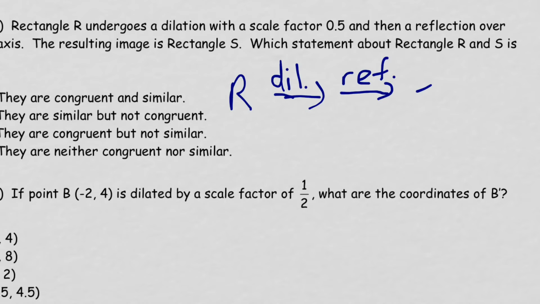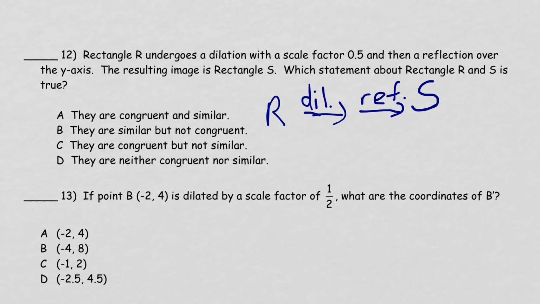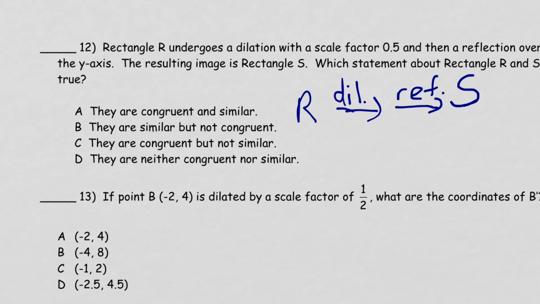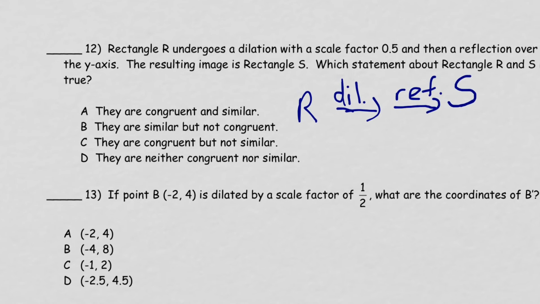So let me think of a few things I know. I know the size is going to be different if it's dilated, and I know the orientation won't be the same if it's reflected. And then we will have rectangle S. So let's see. A says they are congruent and similar. I know that can't be true because the size changed, so they can't be congruent.